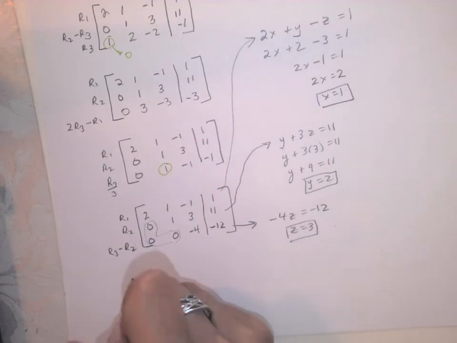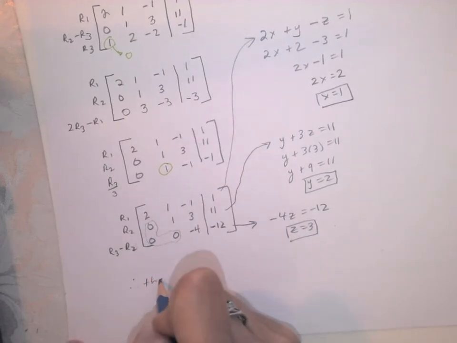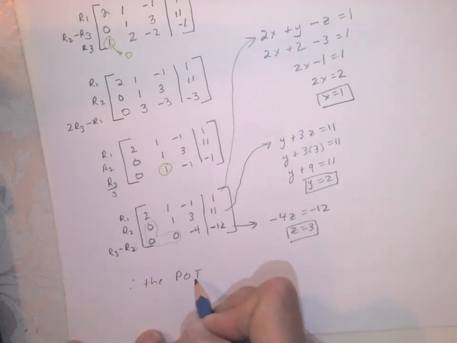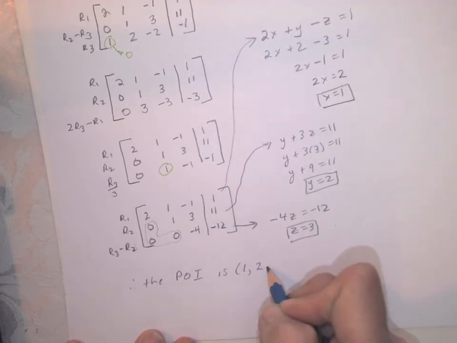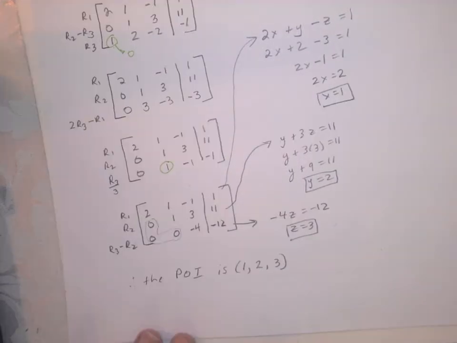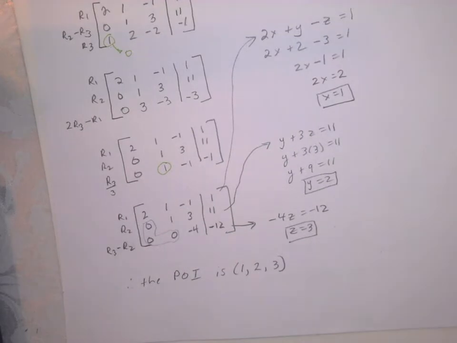So therefore, the point of intersection, POI, is 1, 2, 3. X, Y, Z. Make sure you always follow the proper order. And then we know what that one looks like. And normals are not coplanar.